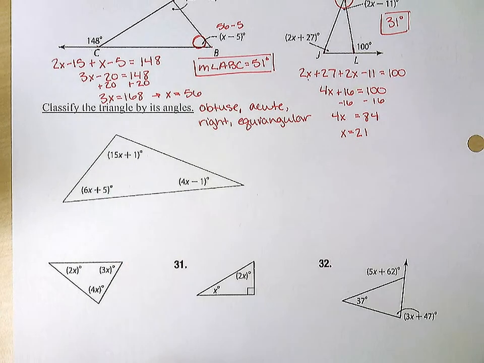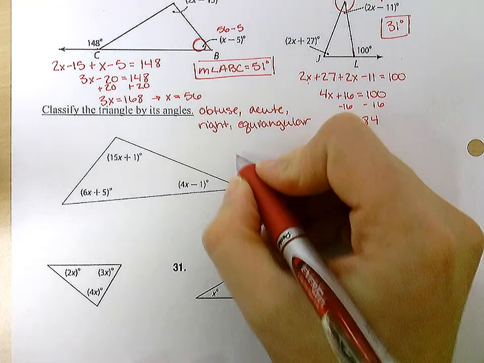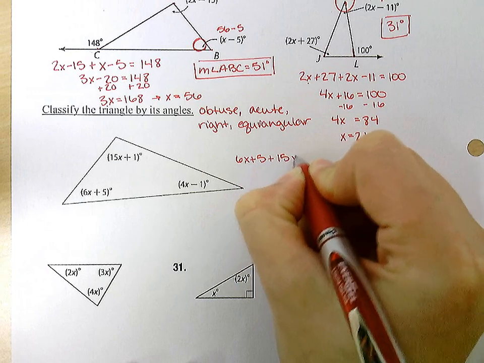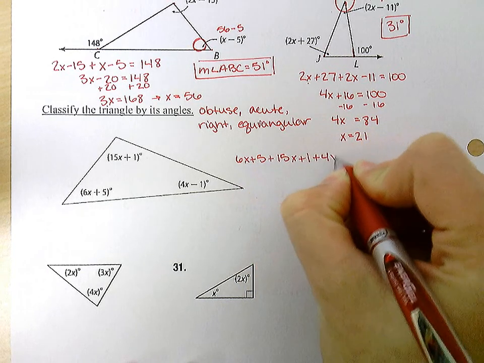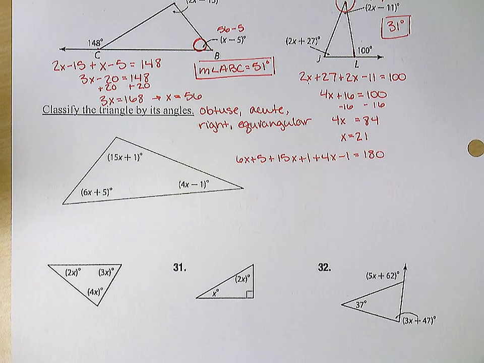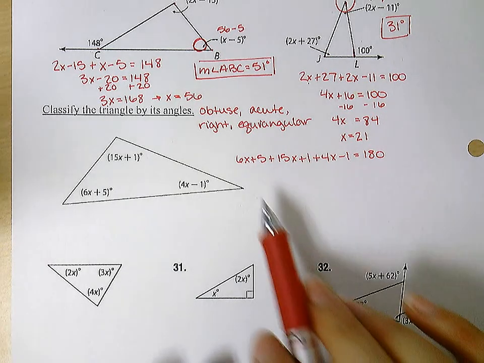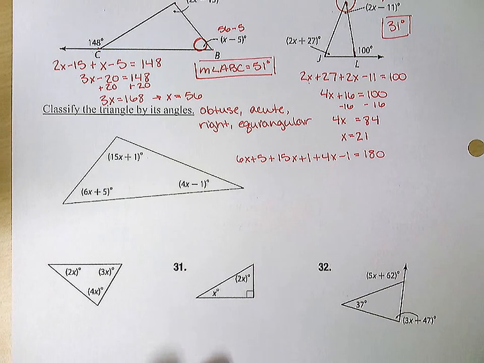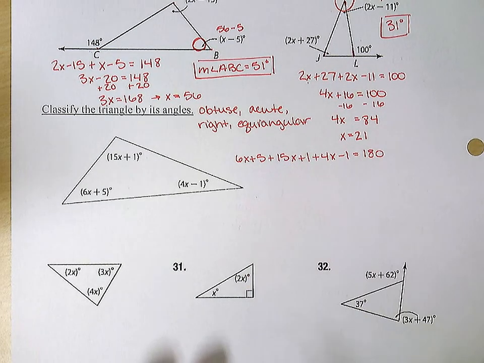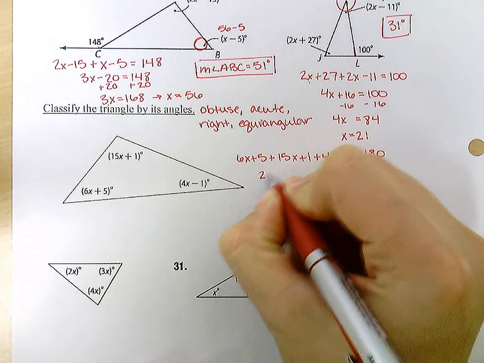So I would take each of those measures, add them together, set it equal to 180. Make sure you have all 3 added together to be 180. And again, you can combine like terms then. So 6x, 15x, and 4x all add together to be 25x.